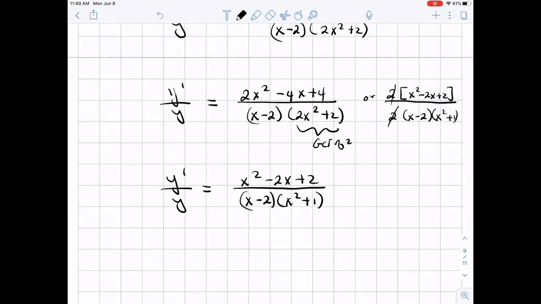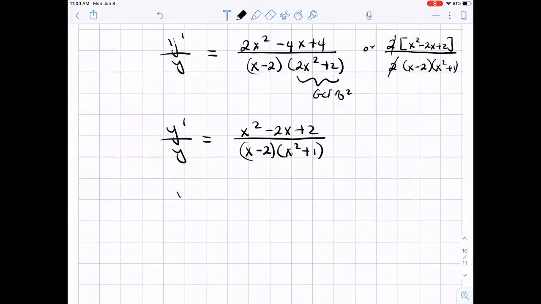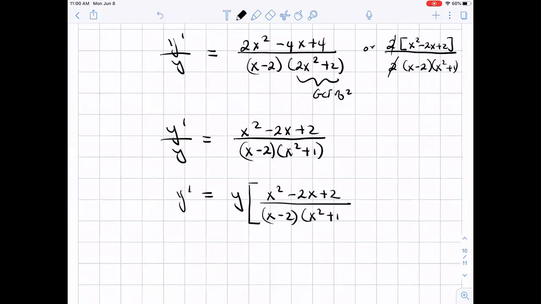So finally, we can see that y prime is equal to y, taking the y to the other side, times all of this, x squared minus 2x plus 2 over x minus 2 times x squared plus 1. It doesn't look as nice as what you may want it to look, but it's still the derivative.